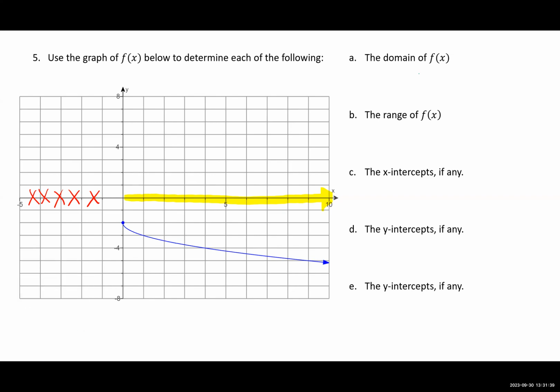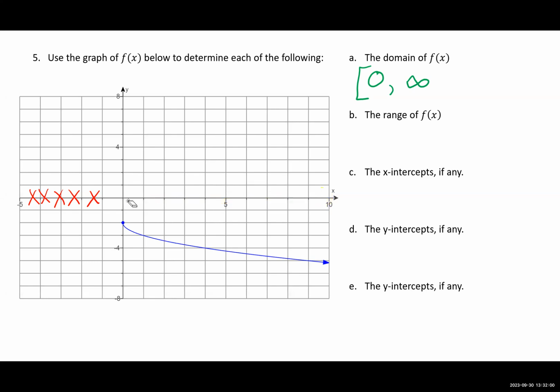So the domain of this function will be all the x values starting with 0, going up to positive infinity. We use a bracket on the 0 because 0 is part of our answer.